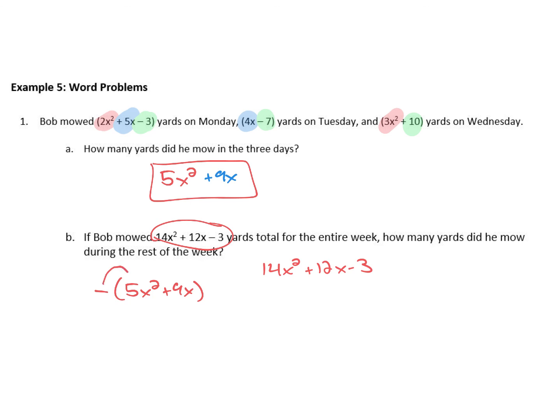Now, the reason I'm doing this over here to the side is we know we need to subtract both of these. So when we subtract 5x, when we subtract 9x, there's no constant there. Well, now we can do our subtraction and get our answer. Okay, go ahead and practice the rest of these.